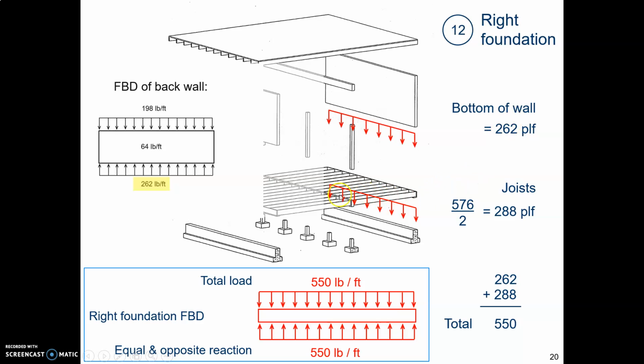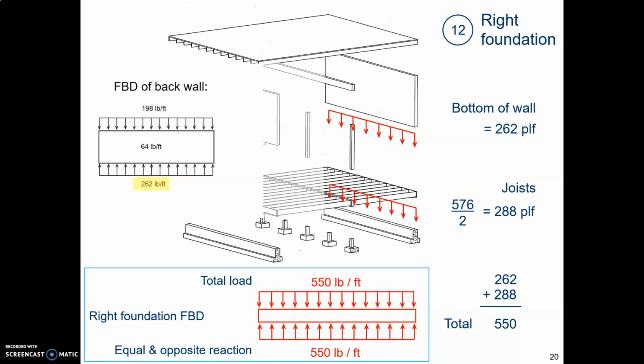Then we just now figured out that our joists are adding another 288 pounds per foot. So the wall and the joists together, 262 plus 288 equals 550. So we've got 550 coming down on this back foundation and 550 reaction pushing back up from the soil.